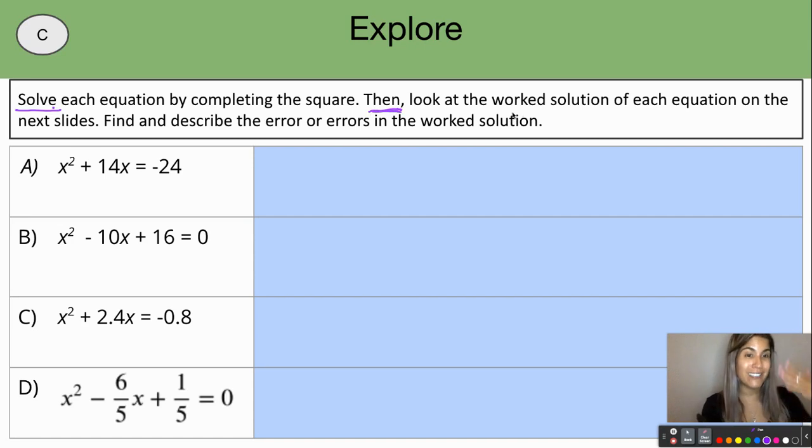You're going to look in the next slide at worked solutions, which we're going to look at for each equation. Then it says, find and describe the errors. That is what we are going to look at for this portion. How can I find the errors, keeping my steps in mind, and how can I describe those?